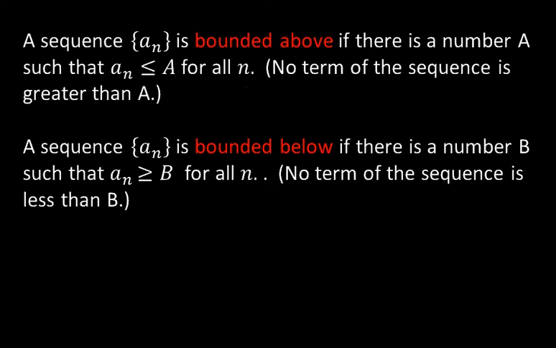A sequence is bounded above if every term of the sequence is smaller than some number a, and a sequence is bounded below if every term of the sequence is bigger than some number b.